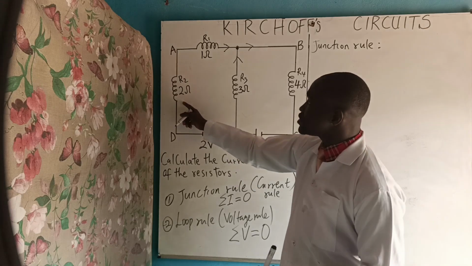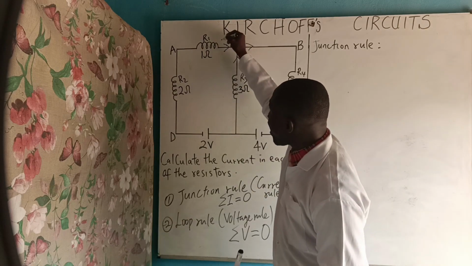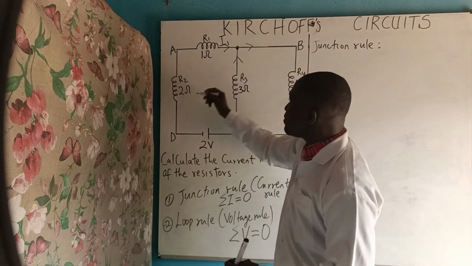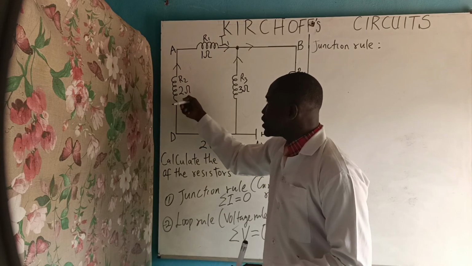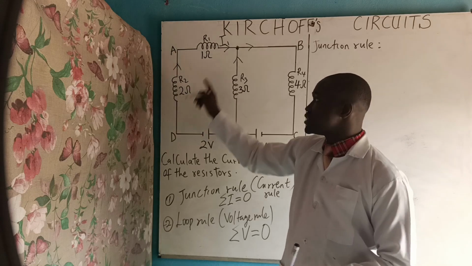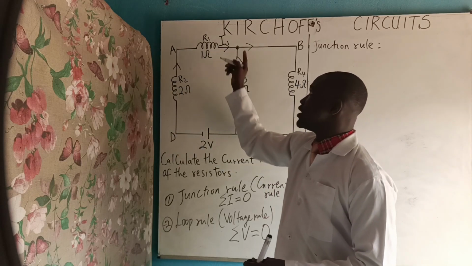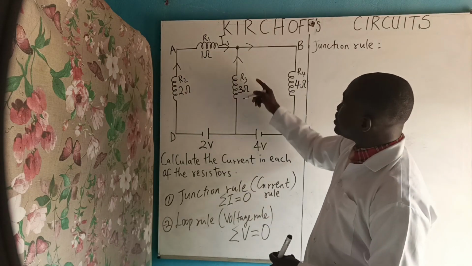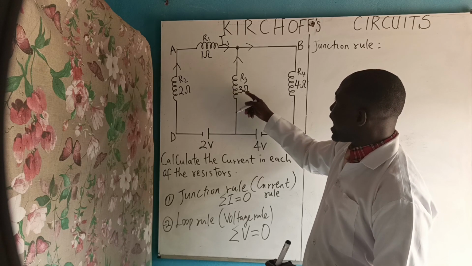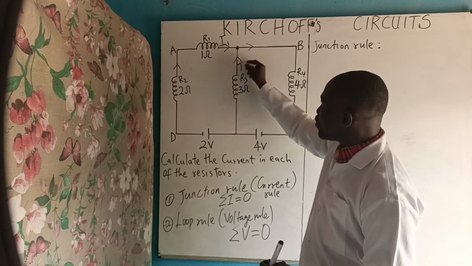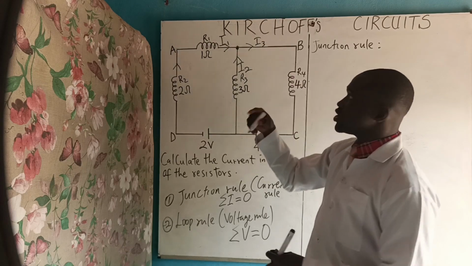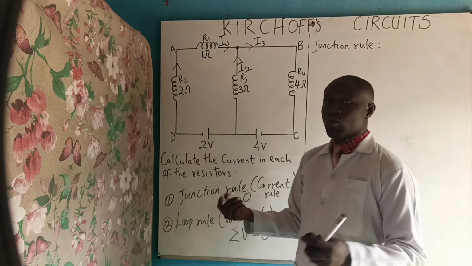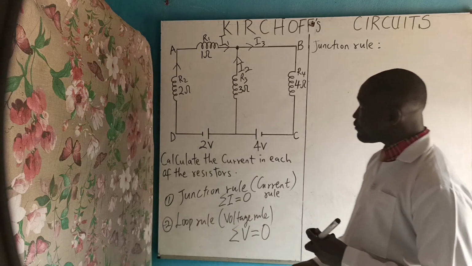And so this resistor and this resistor will have one current. The current this one is seeing is the one this one will also see. It moves from here to here. Then this one we can call I2, and this one I3. We are just labeling the currents so that we'll know what we are solving.